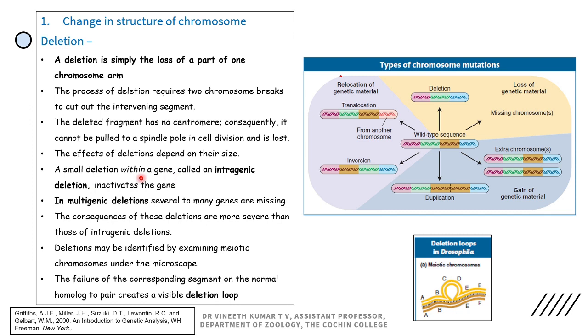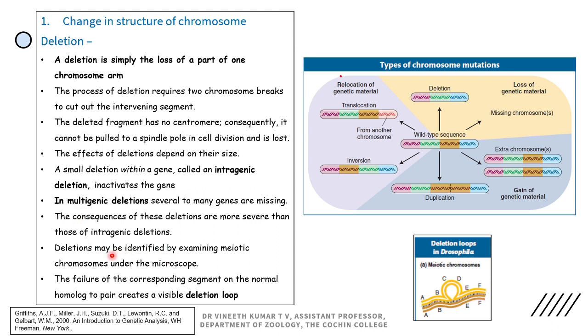In this case, it will be inactivating only that gene. That gene will be affected. And you have multigenic deletions. If this particular piece contains many genes, that is called a multigenic deletion, where several genes are missing, and the consequences of these deletions are more severe than intragenic deletions.